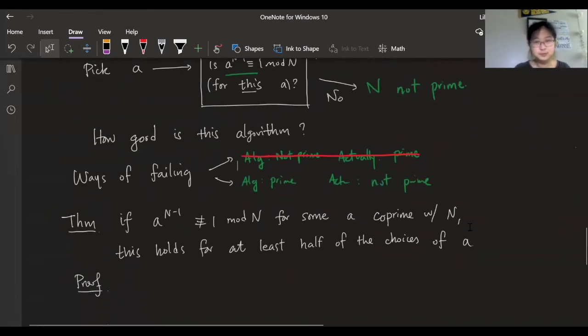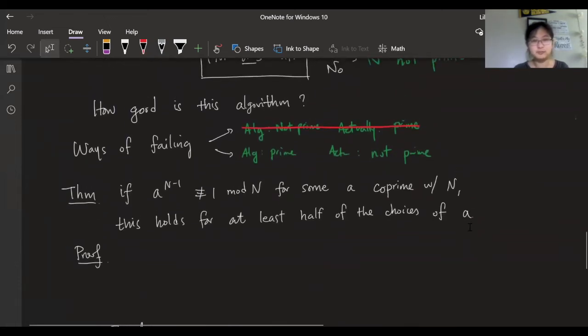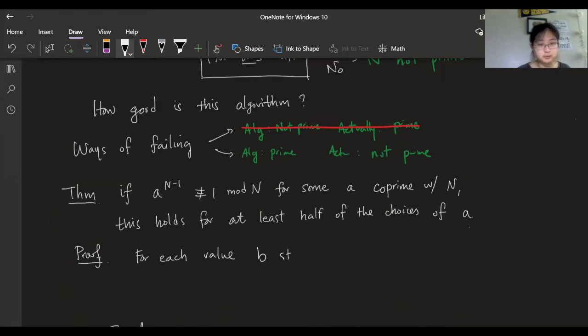Right. So the proof of this statement is very interesting. It's basically saying that for each value b such that b to the n minus 1 is equal to 1 mod n, I have its twin, a times b, and I can say that (a times b) to the n minus 1 is not going to be 1 mod n.